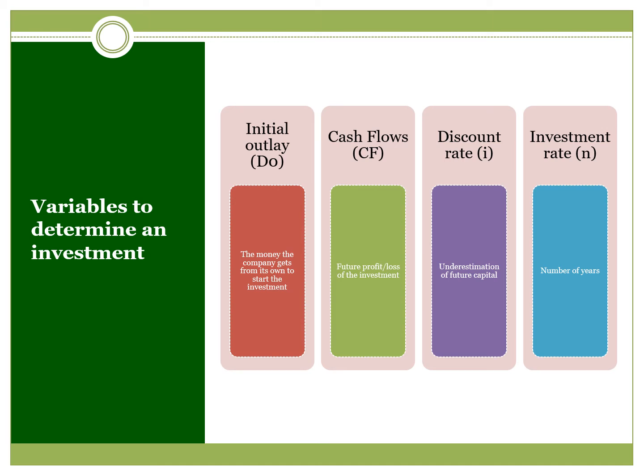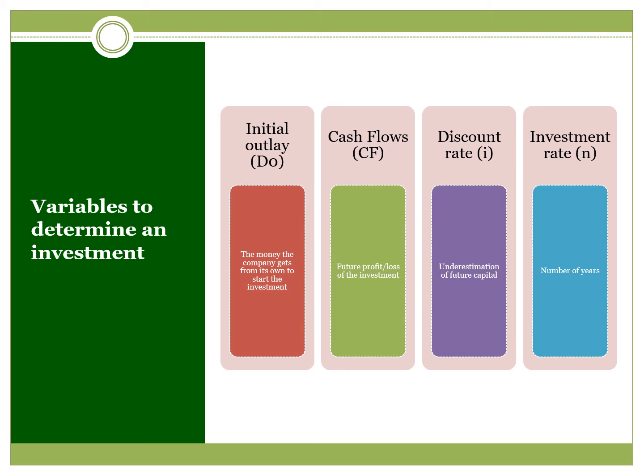Then there's a last variable that you can see in the slide, and it's the discount rate. What is a discount rate, or why do we need a discount rate? If I ask you, what do you prefer? You prefer to get 100 euros today or 100 euros in 5 years? What will you say?